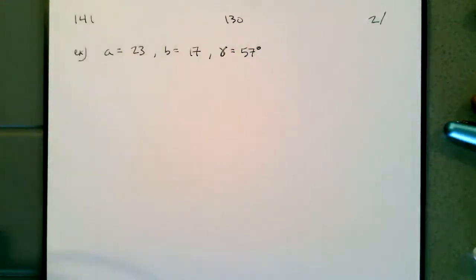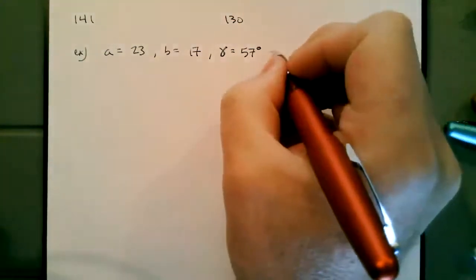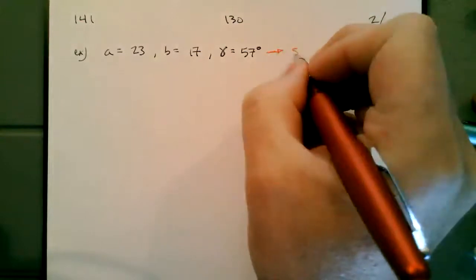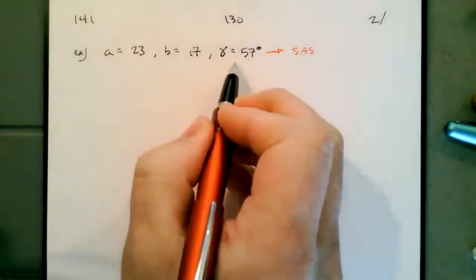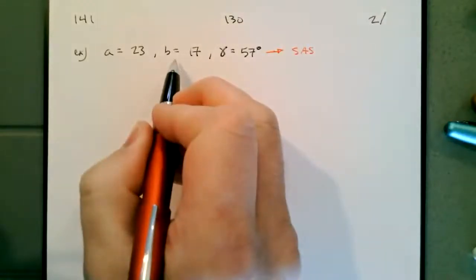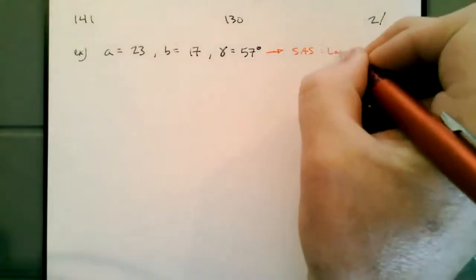So I have two sides and the included angle. This is the SAS case, because gamma is not opposite B or A. That means law of cosines.